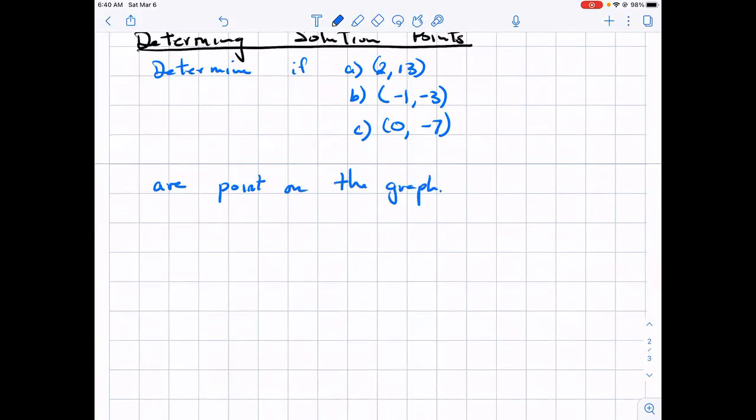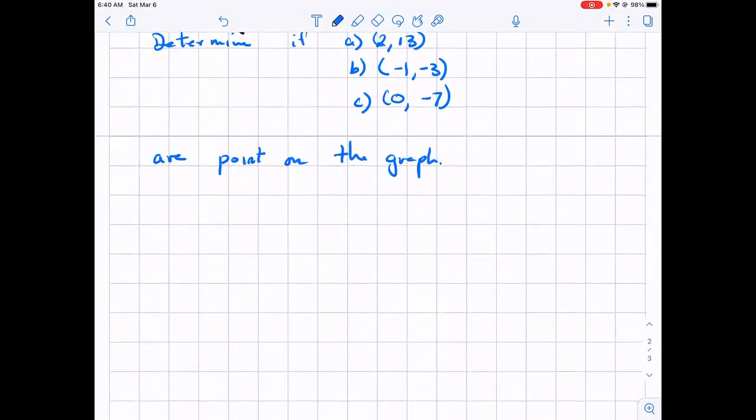So we don't want you to do this by drawing the graph and then looking to see if they fall on the graph. What we want to do is check them algebraically.